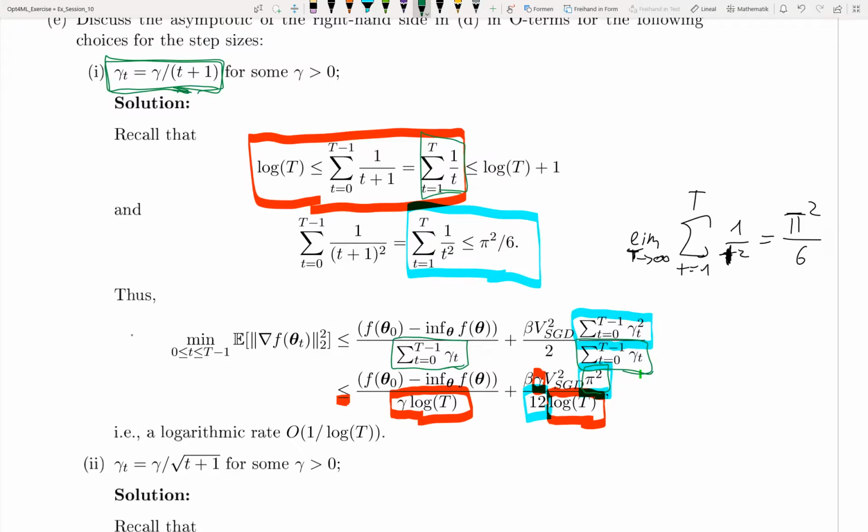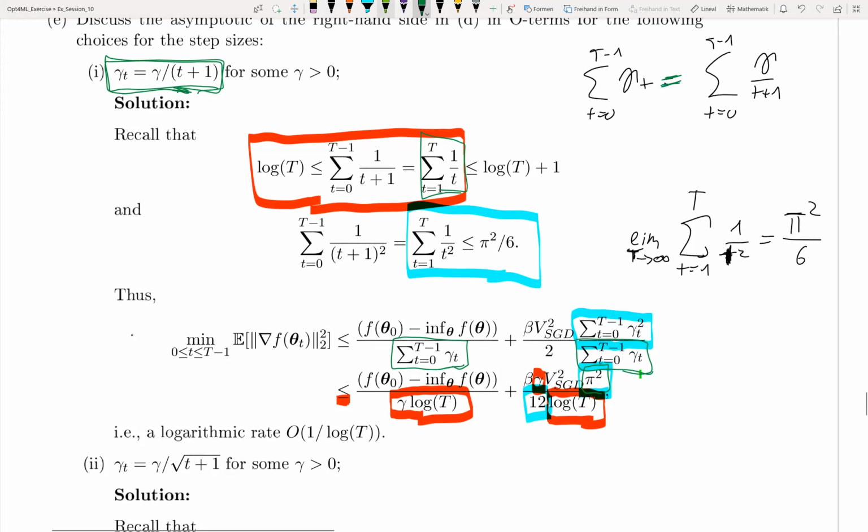Yeah, so perhaps just to make sure, what we have is, in this case, gamma t, for t from 0 to t minus 1, this will be gamma over t plus 1, right? When we square, we can move the gamma in front.